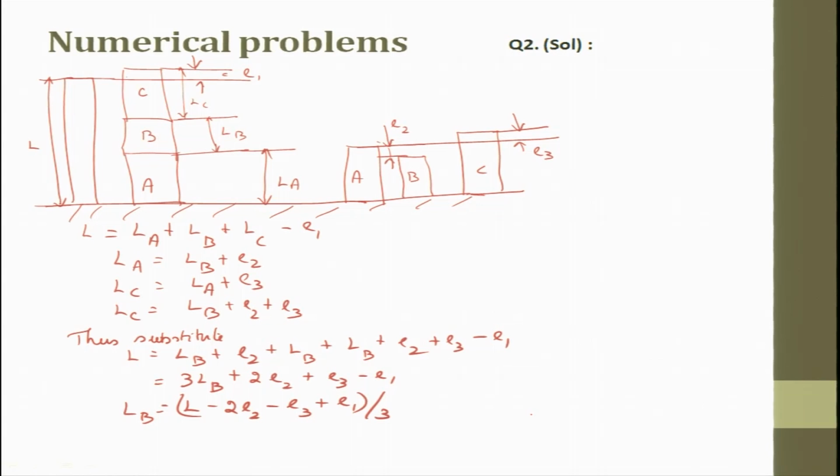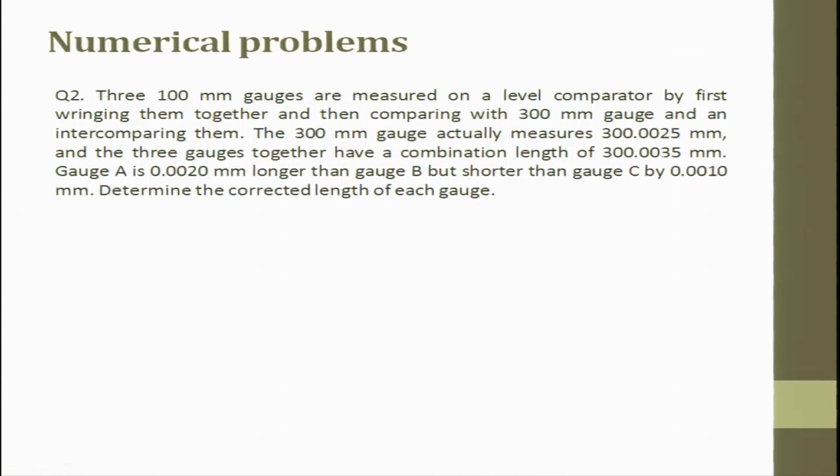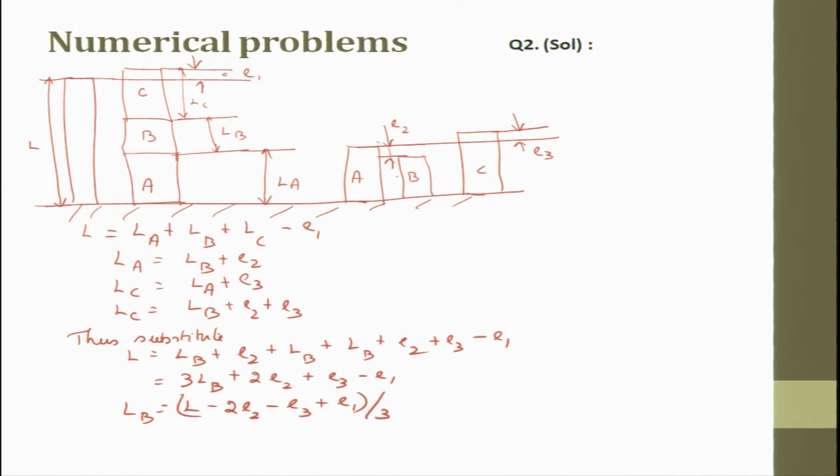Okay. So, now you have to start substituting all the values of E2, E3 in this. So, what is your E2? E2 is nothing but A is 0.002 longer than B. So, this is your E2. So, your E2 is 0.002. What is your E3?